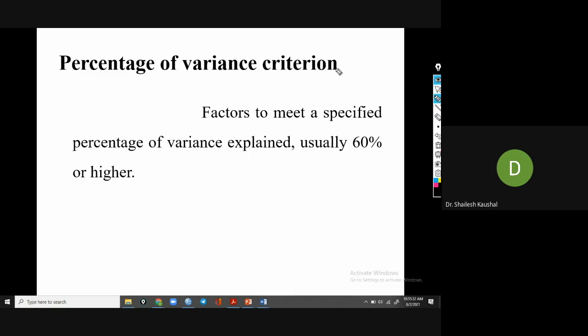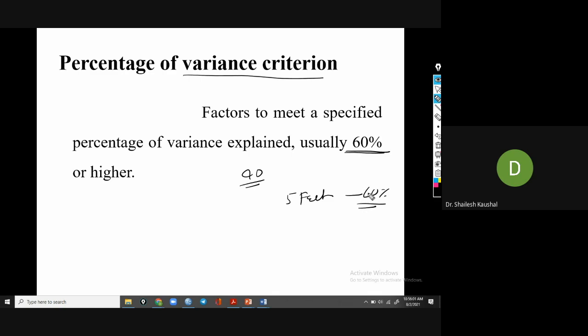Then the third criteria is the percentage of variance. Ideally the total percentage should be 60% or higher. So if we are taking 40 questions in our study, and the 5 factors give 60% or more variance, then it is desirable.